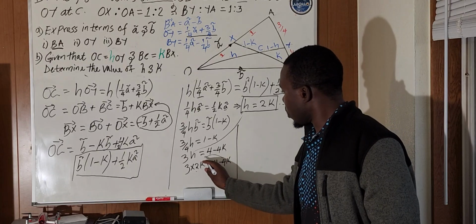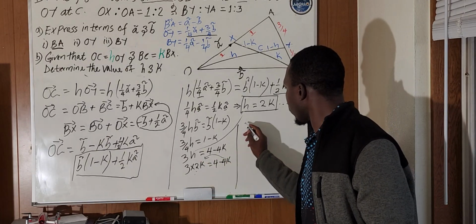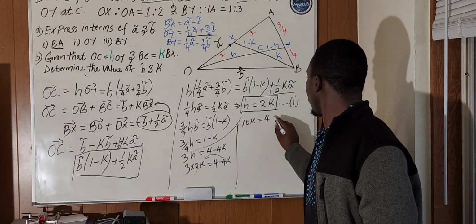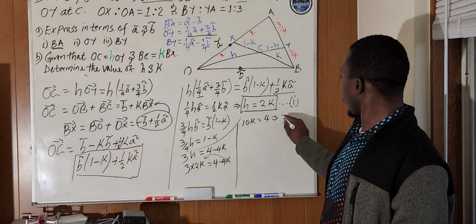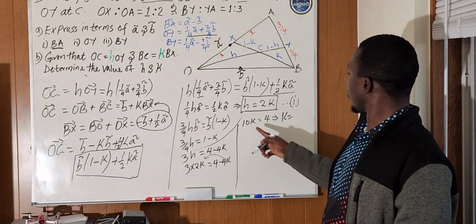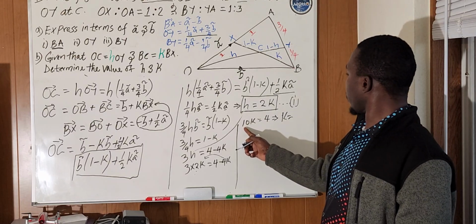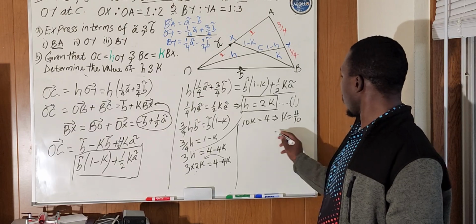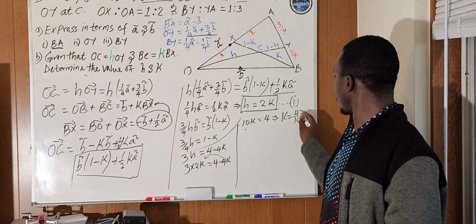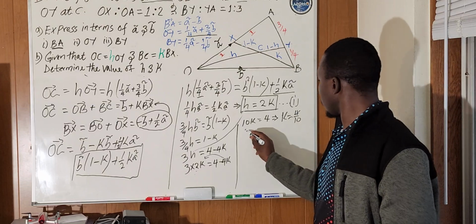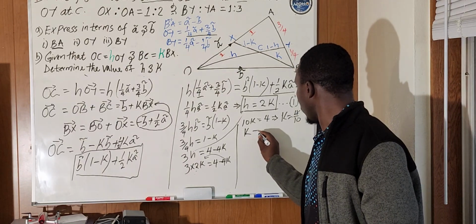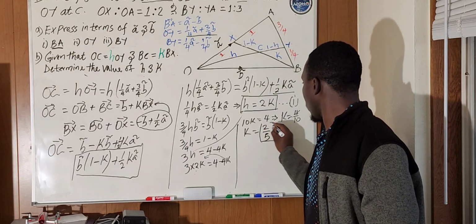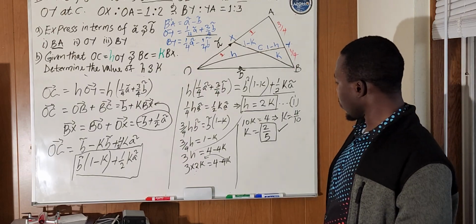If you take this to the other side, it will be 10K equals 4. This means that K equals, divide both sides by 10, 4/10, or if you reduce this fraction, K will be equal to 2/5. This is the one value of K.